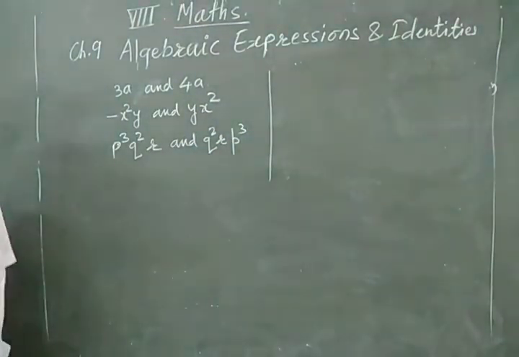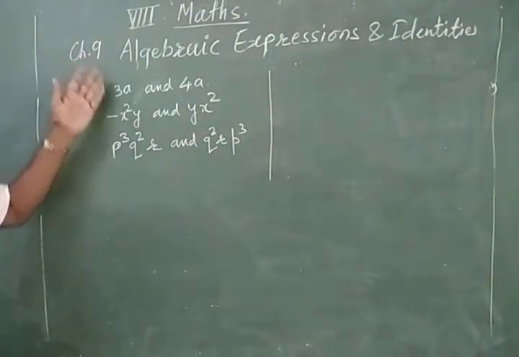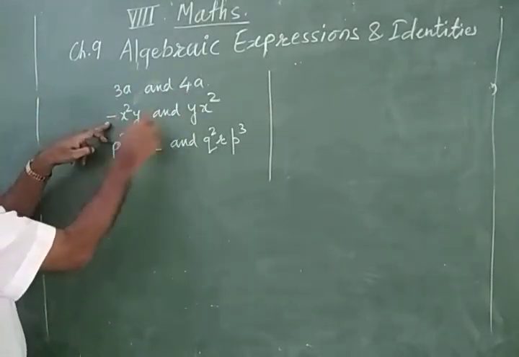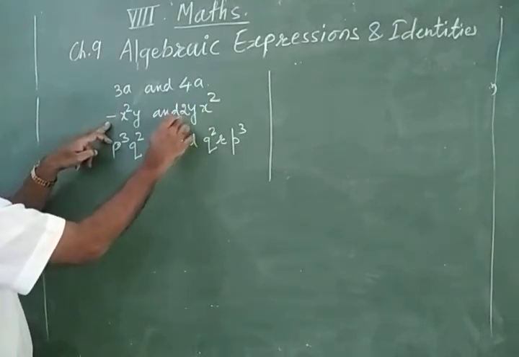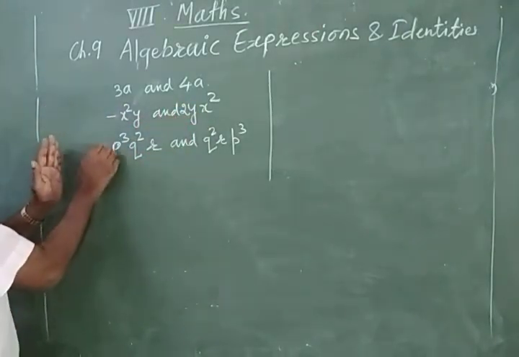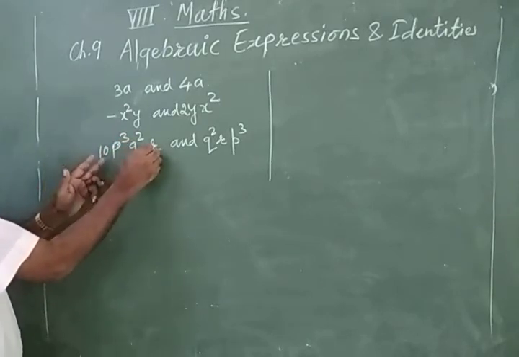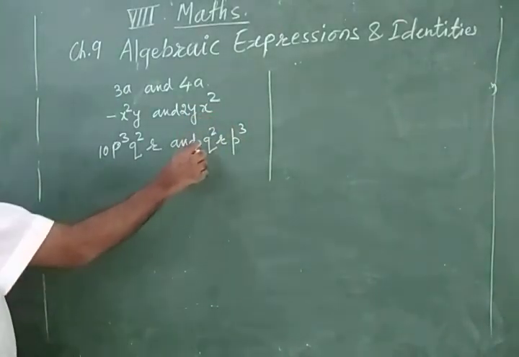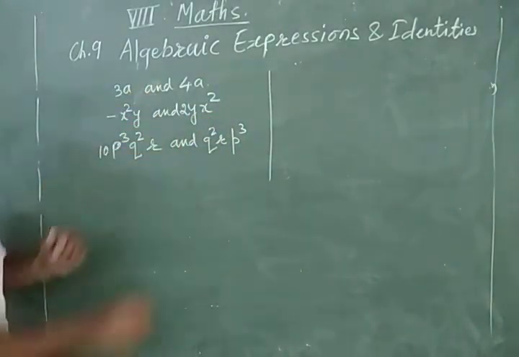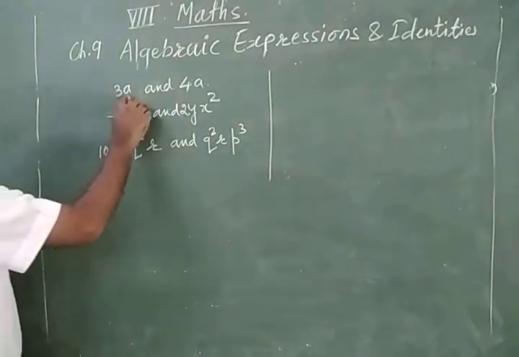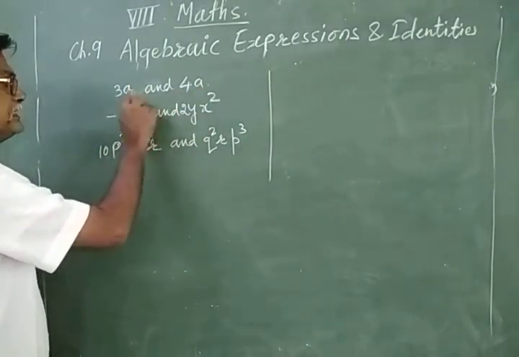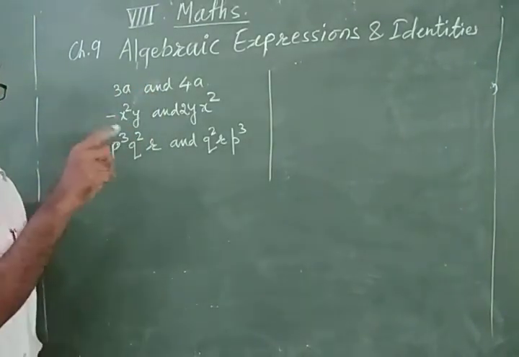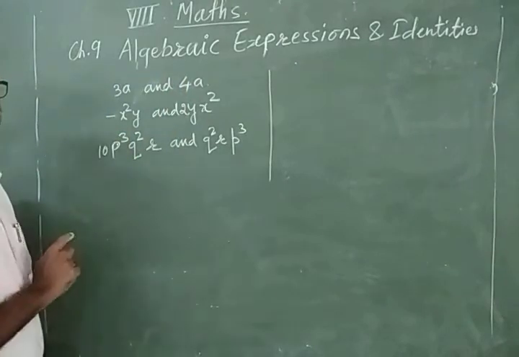If you observe it, their coefficients may be different. 3 and 4. Here minus 1, here 2. Here 10, here different. But see the variables. Variables are common, same variables, and their power is also same. Power, exponent, power is 1, power is 1.